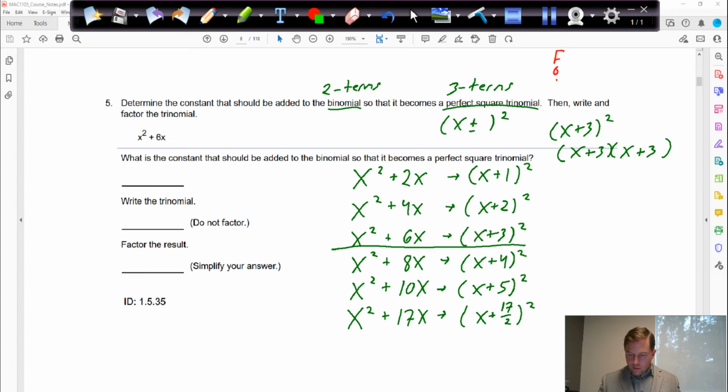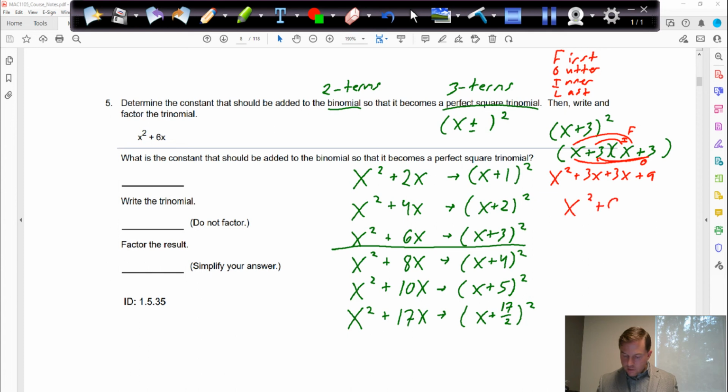FOIL stands for first, outer, inner, and last. So the first two terms are x and x, so we get x squared. The outer two terms are x and 3, so we get plus 3x. The inner two terms are x and 3, so we get another 3x. And the last two terms are 3 and 3, so we get plus 9. So we get x squared plus 6x plus 9.